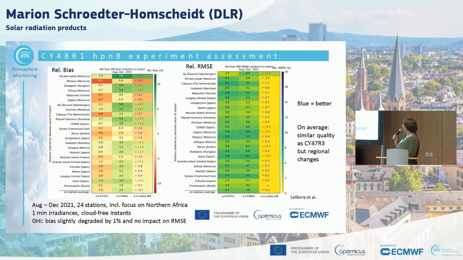We met these situations; it's a lot of dusty regions here as well. For the individual stations in terms of bias, it's pros and cons. Overall, it's a very small change. So from our perspective, it's okay to go for the next cycle, also from the irradiance evaluation. And of course, there's a lot for the dust people and the aerosol modelers to think about and look into in detail, which is part of the exercise.